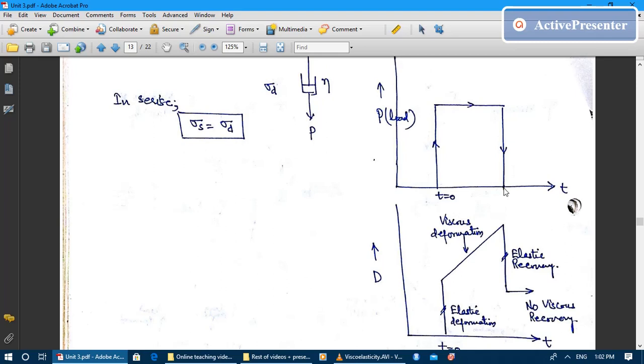Whatever elastic deformation was caused by the stretching of the bond, the model will immediately recover. But whatever deformation was caused by the viscous deformation of the dashpot will not be regained, and it will remain. So this vertical difference of the curve shows no viscous recovery in the dashpot.